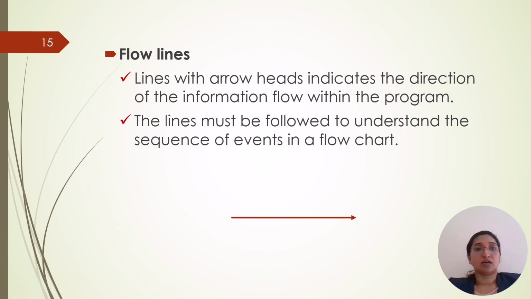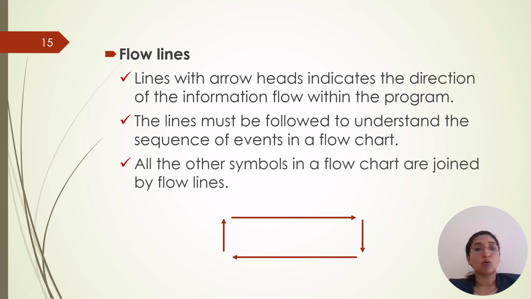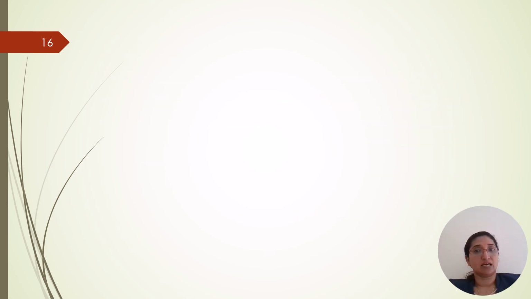So, flow line, a line with an arrowhead. The arrowhead shows the information flow. So these flow lines connect all the symbols in your flow chart. So the symbols are joined together by these flow lines.